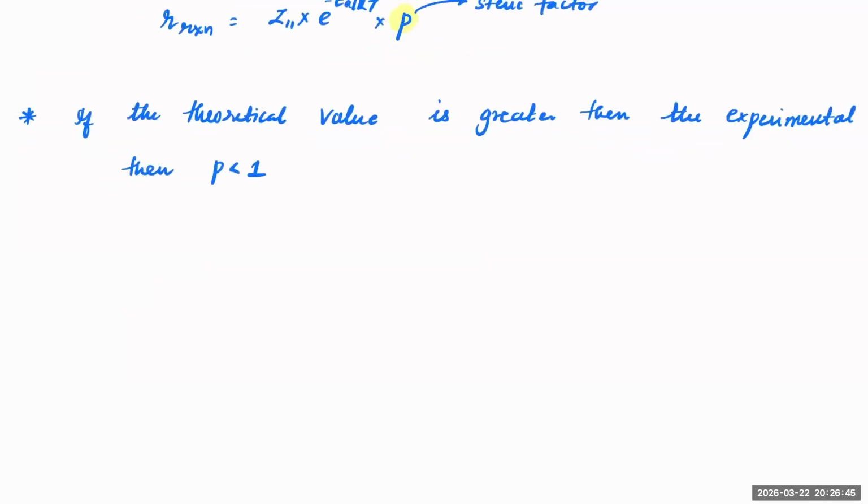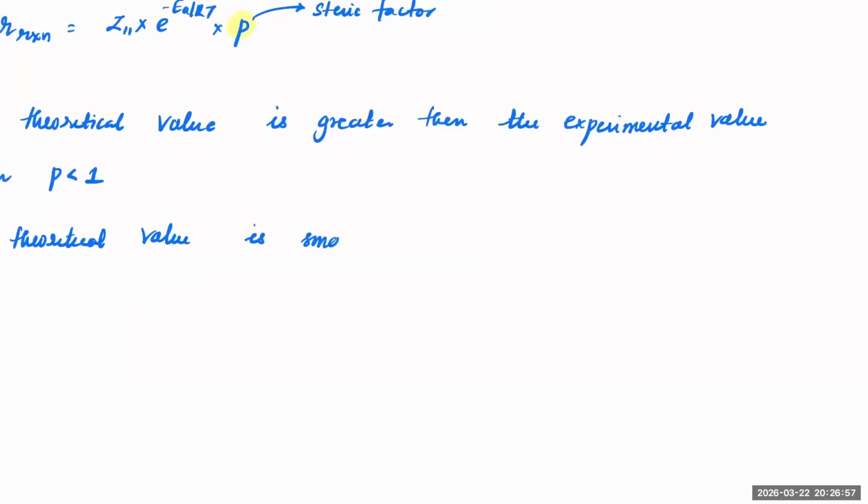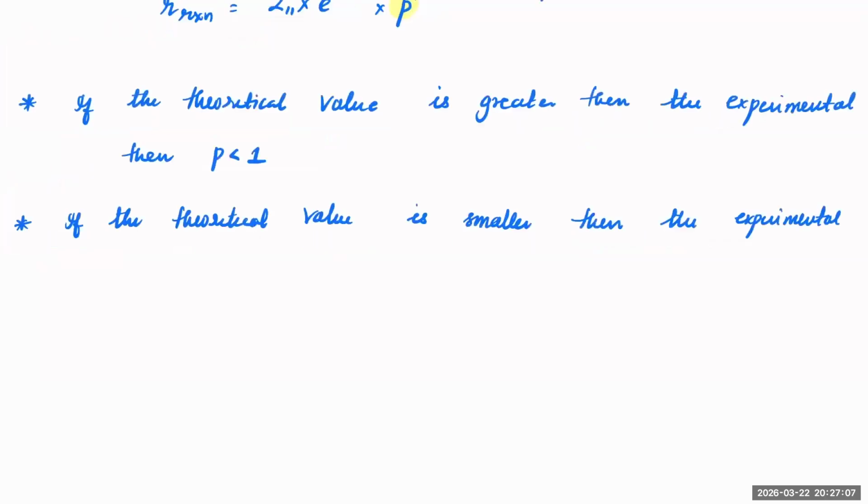Likewise, if the theoretical value is smaller than the experimental value, then P has to be greater than 1.